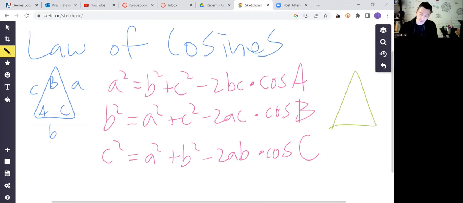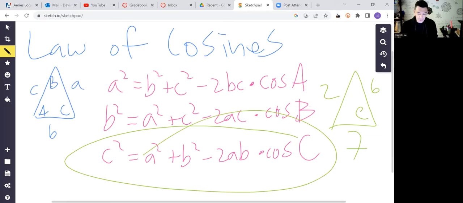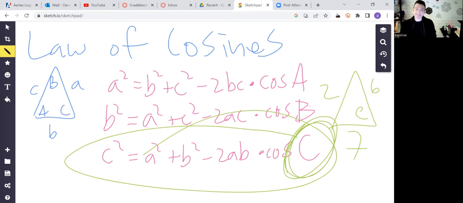If I give you this green triangle with a 2, a 6, and let's say a 7, and the goal for you is to find angle A, then I would use the equation that has uppercase A. If your goal instead was to find angle C, uppercase C, then I would use the bottom equation because it has uppercase C. So that's how you know which formula to use.